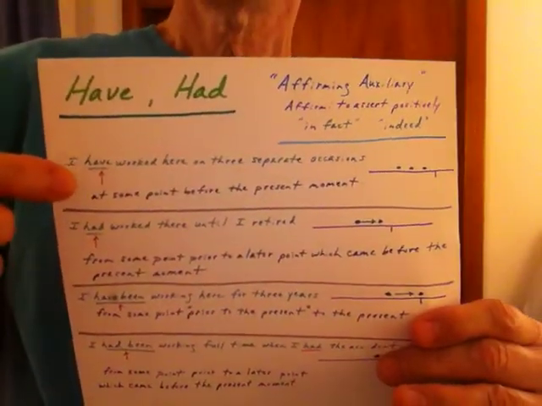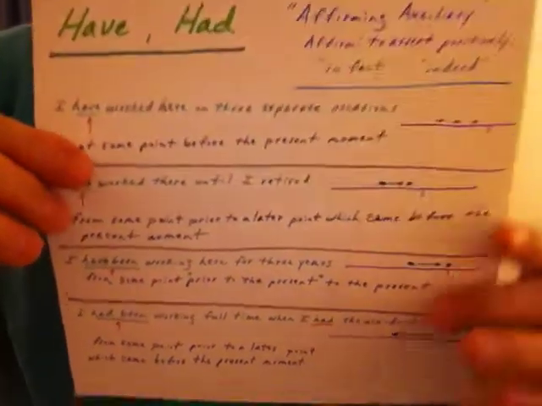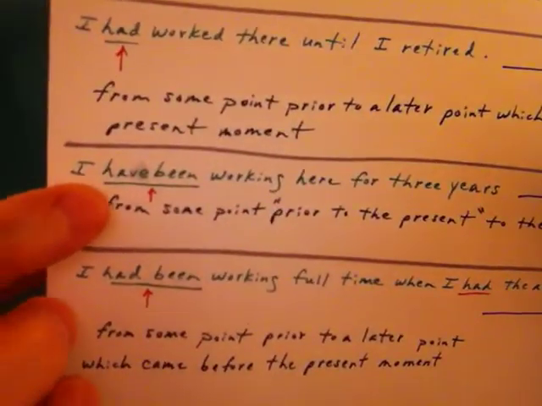All right, so now you have a clear definition of have and had. So let's combine them with the words be and been. All right, let's use been. I have been working here for 3 years. All right, so have been tells us that it's from some point prior to the present to the present.